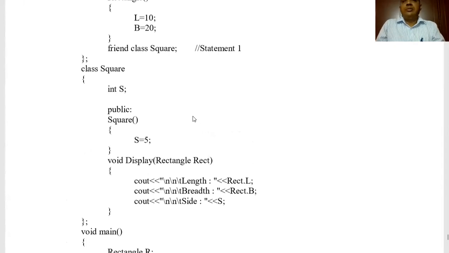If we want to access the private and protected members outside the class, we should define friend functions or friend classes. With the help of friend functions, we can access private and protected members outside of the class. Clear? Okay, this is the friend function.